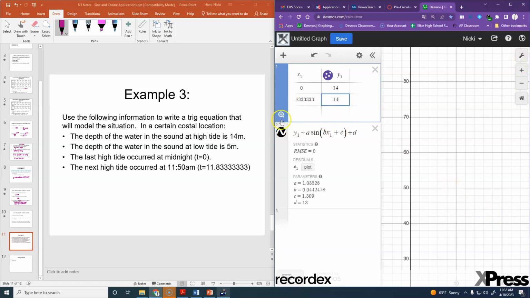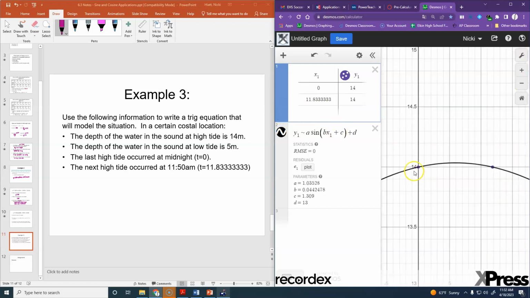And if I graph that, my sine function does not work. It is not going to be able to do this with just a few points. You have to have more points for it to do that. So what you're going to have to do for this is find amplitude, midline, and whatnot. So midline would be the average between high and low. 14 plus 5 divided by 2, so 19 divided by 2 would give you 9.5.